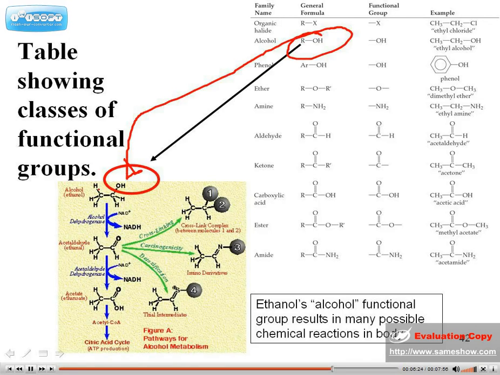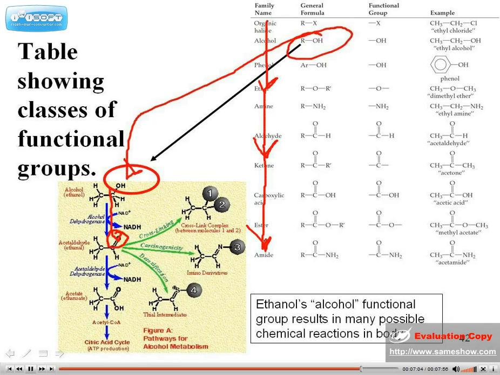Here is alcohol. So for example, when it enters the body and the body neutralizes alcohol, the first place it reacts is the alcohol group, forming what's called an aldehyde. But bottom line, that's where the chemical reactions occur. So we can dictate what type of chemical reactions occur depending on what type of functional group has been added. And you can think of most of organic chemistry as being the addition or manipulation of these various functional groups.